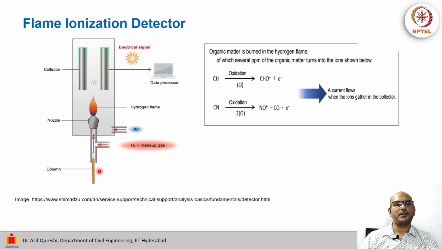So this is how it may look. This is a flame ionization detector. This is our column and the sample has arrived. Then we have H2 and makeup gas and then air here. There is a nozzle that will force and aerosolize, and we have the hydrogen flame.